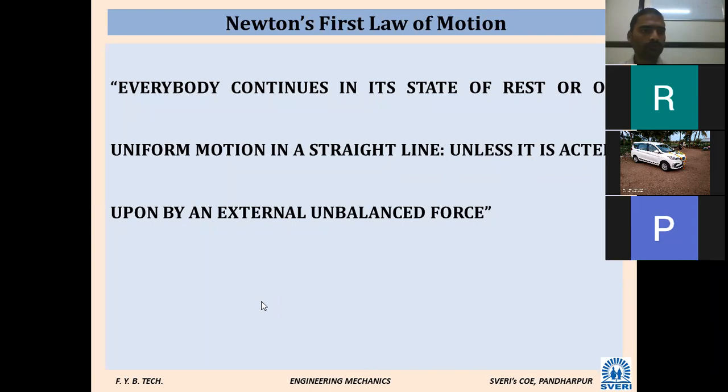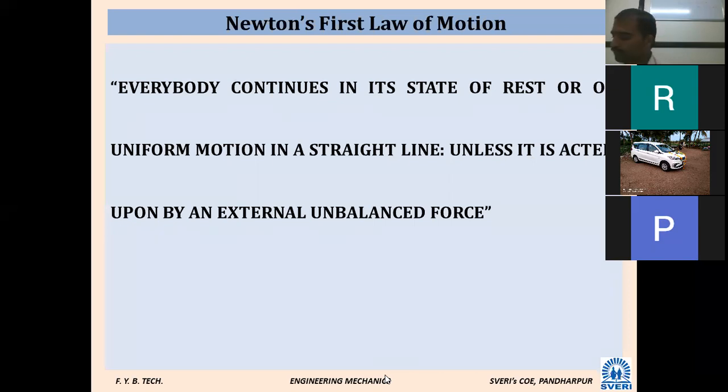1, 2, 3, 4, 5, 6. Roll number 8 absent. I will read the absent numbers. If you are present, you have to tell me. Roll number 8 is absent.